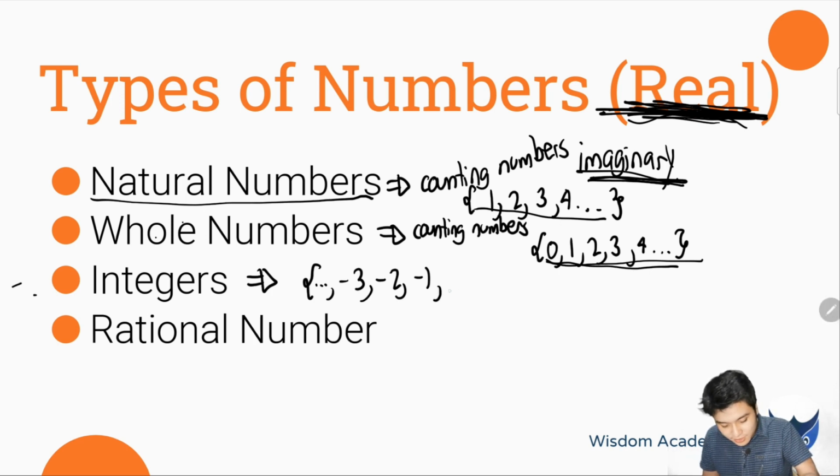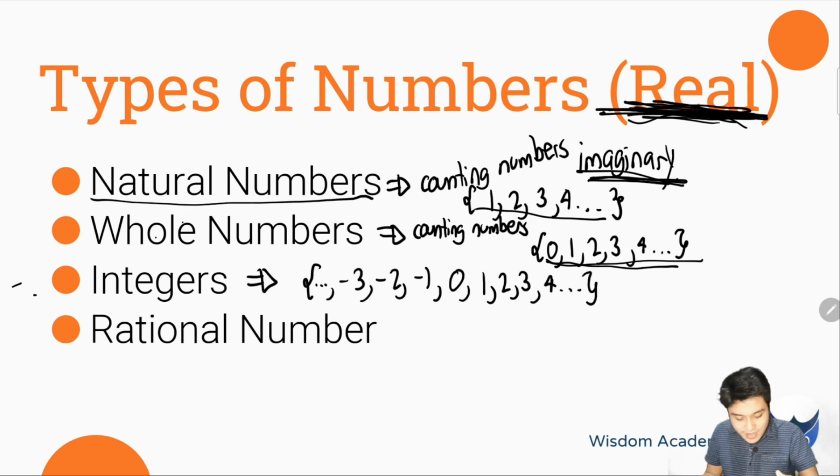Kasama yan sa integers, and then we have 0, and then we have 1, 2, 3, 4, onwards. So, yun yung integers natin. And yung rational numbers naman, yun yung mga numbers na pwede nating i-express as a quotient of two integers.